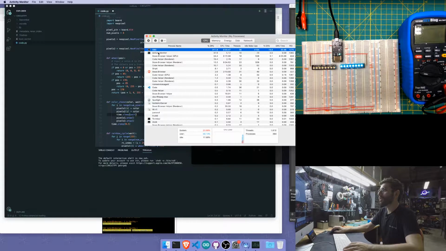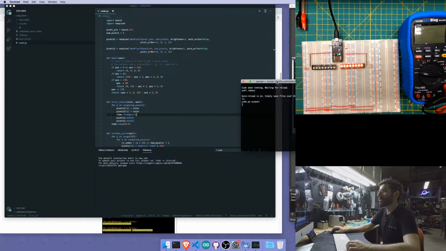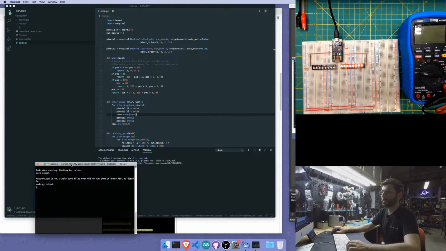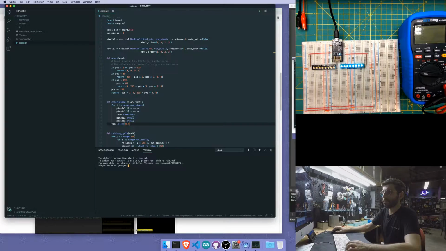Yeah, 311% CPU. Nice. Okay, finally we got... Okay, cool. So let me open this here.